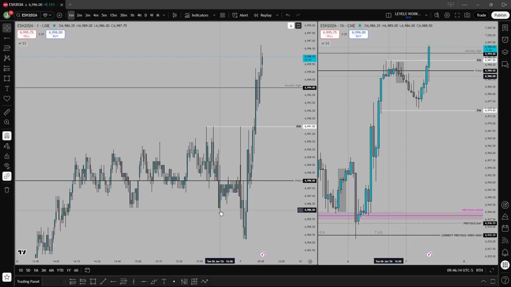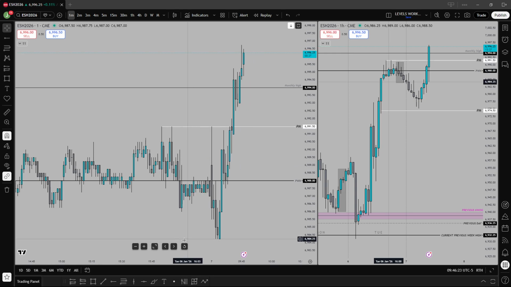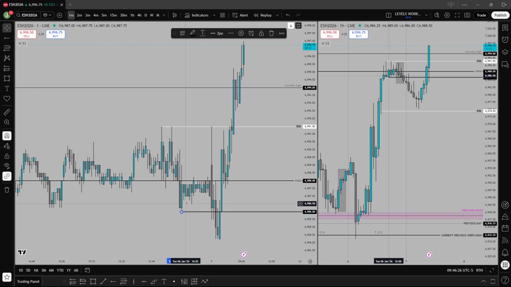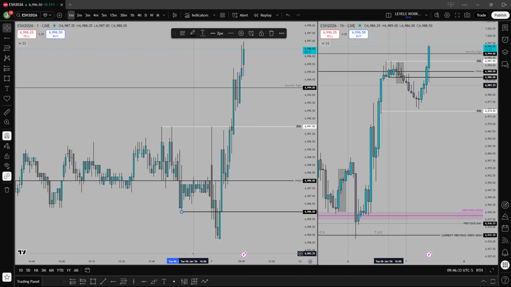And in ES, we did take the PM low. Why didn't I mark it? My bad. This was the PM low.